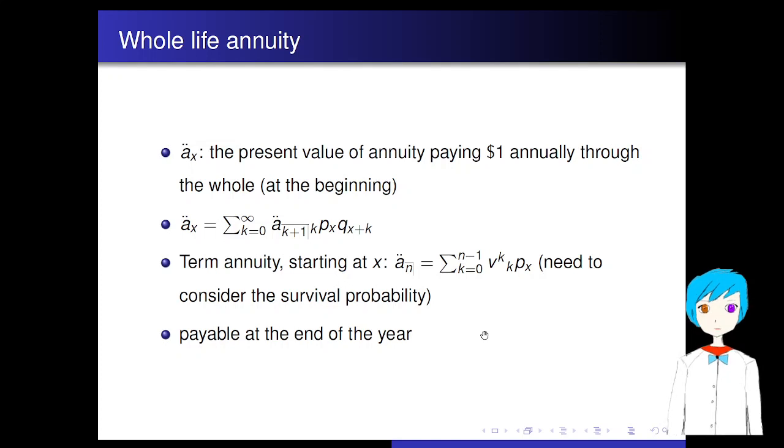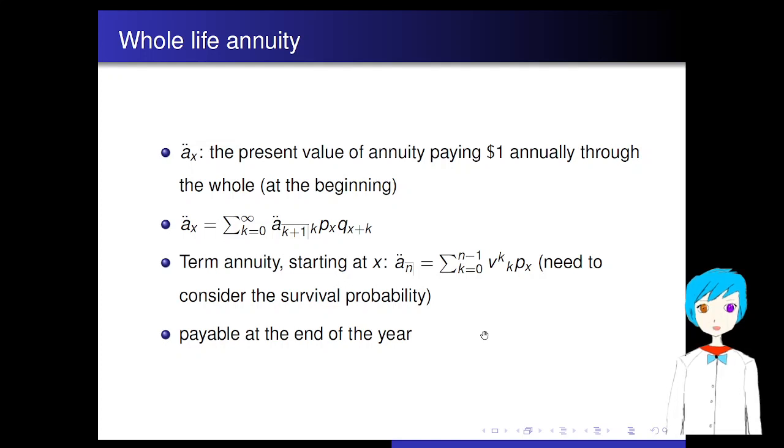So in contrast to the term annuity, we also have the whole life annuity, which is to pay the insured throughout its life. We have the small a of x, the present value of an annuity paying $1 annually through the whole life. And the payment is at the beginning of each year.